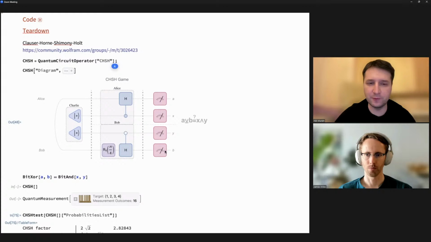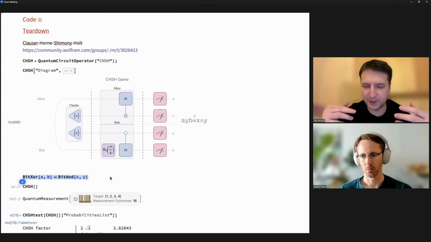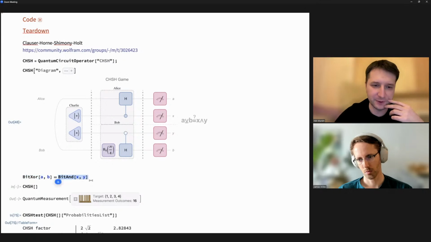And this is the condition for winning this game. It looks quite involved, but if you think of what it actually means in English, it says basically, if X and Y are the Charlie outputs, like X is the first coin that goes to Alice, Y is the coin outcome that goes to Bob, and A, B are just the answers Alice and Bob provide, right?